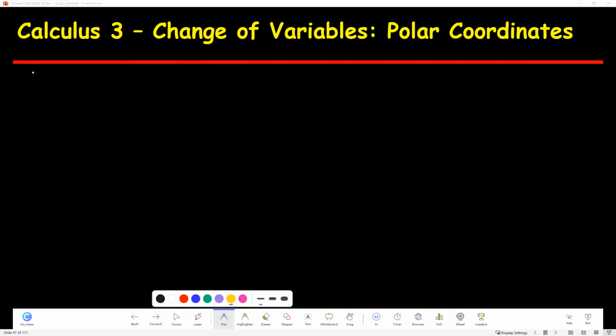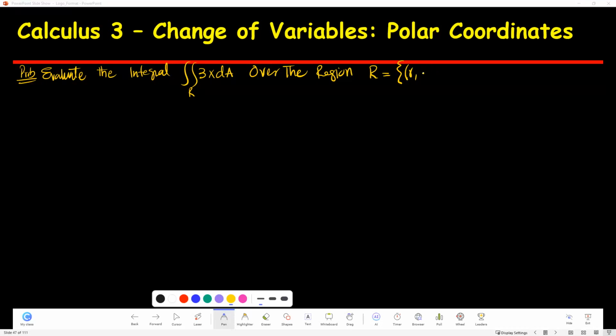Let's take a look at another problem. Evaluate the integral of 3x dA over the region r equals, now r and theta here are directly given in the form of wording.